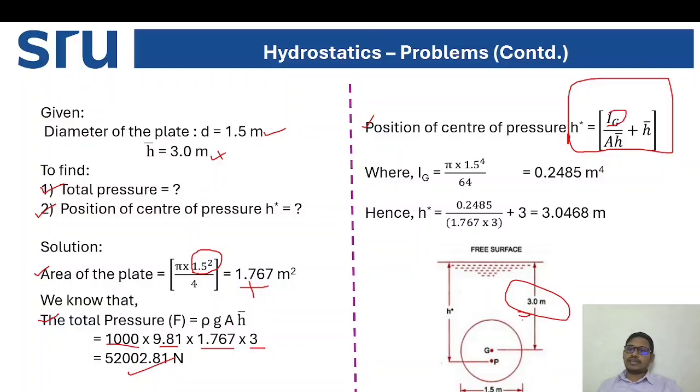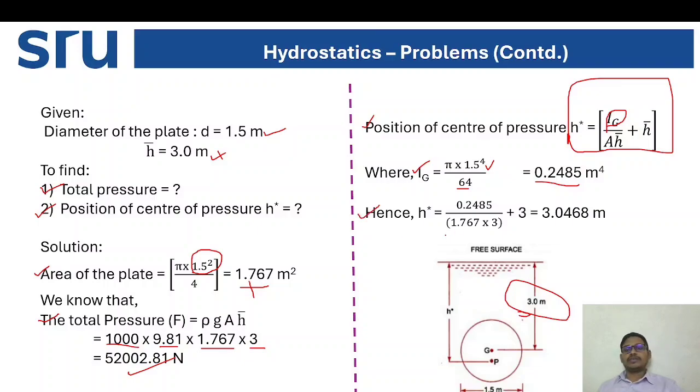So this is the only term we have to find. Ig is nothing but pi by 64 d power 4. Pi is 3.14, 64 we know, and d power 4 is the diameter, 1.5 power 4, giving 0.2485 meter to the power 4.